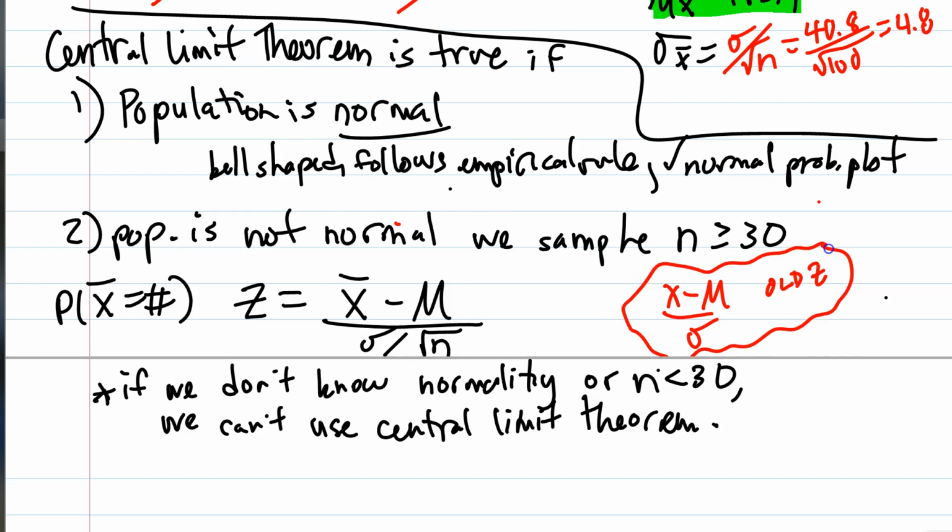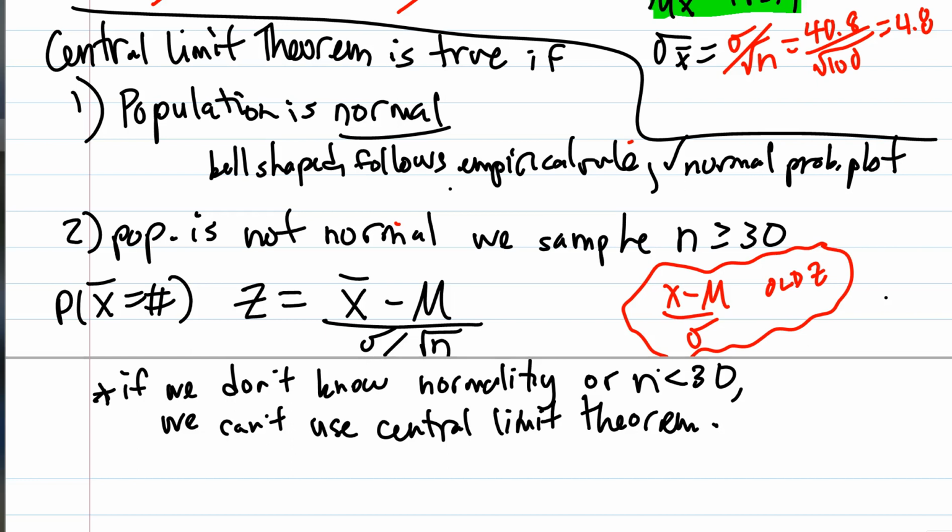It's going to be x bar, because we're not dealing with an individual, we're finding the probability of an average. So it will be x bar minus mu, because the mean of the means equals the same, divided by not just sigma, but sigma over square root of n. So we have a new formula for z when I'm finding the probability for a sampling distribution.